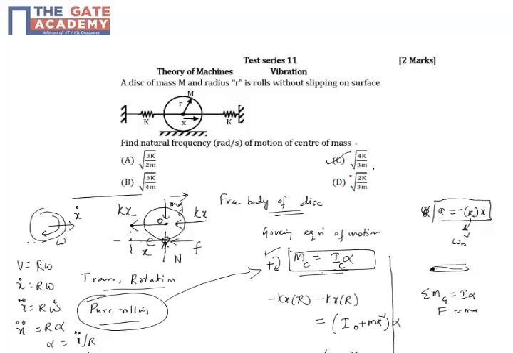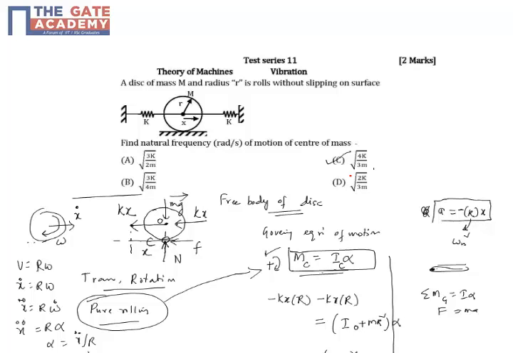You can use energy methods also: kinetic energy plus potential energy, the sum of them is constant. You can write down the kinetic energy, half m x dot square for this problem, plus the rotational component, half I naught omega square. The potential energy comes from the spring.